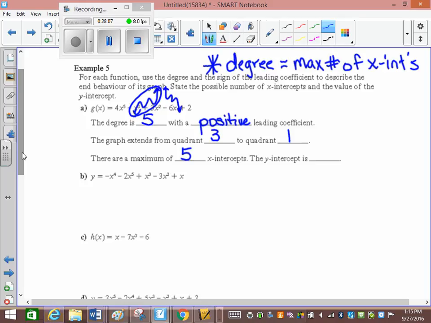And what's the y-intercept for this equation? Positive 2. Is that the constant? And the constant is the y-intercept. Now why does that work? Whenever you hear y-intercept, you should always think x equals 0. When you hear x-intercept, you should think y equals 0. If I put 0 for all my x's here, all of these are going to go away, and I'm just going to have plus 2. That's why the y-intercept is plus 2.